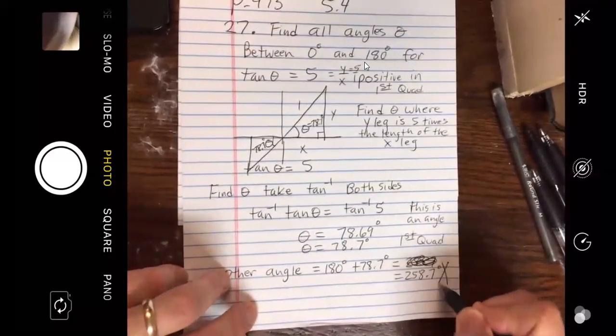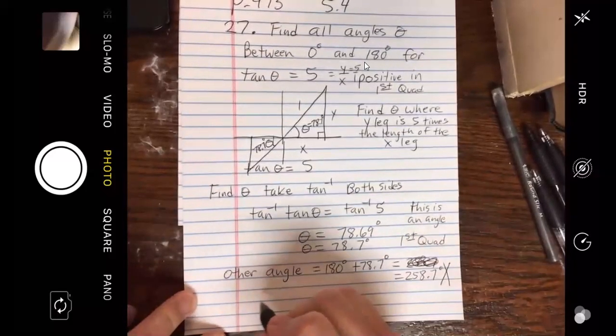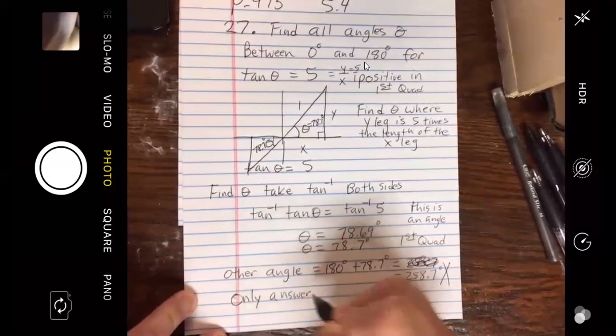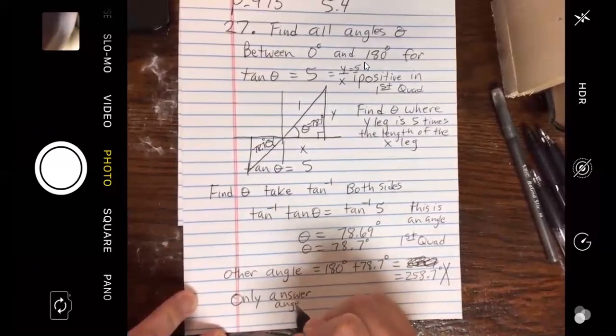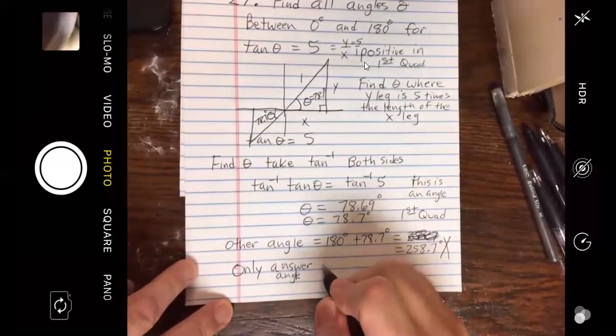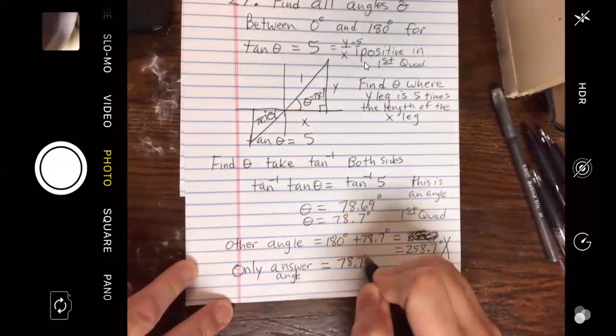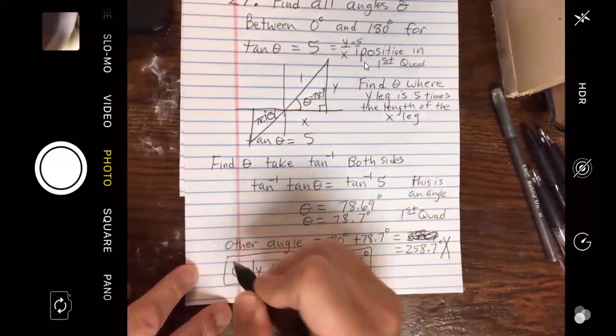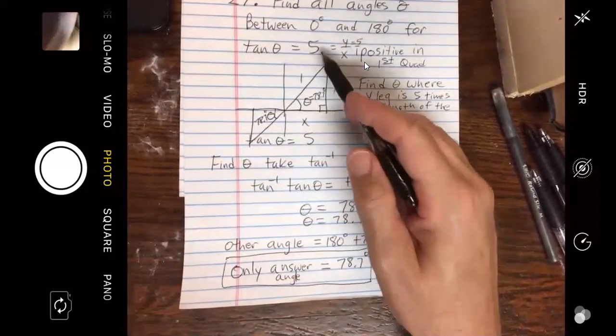But since it's worded 0 to 180, the only answer or angle between 0 and 180 is your 78.7 degrees. At 78.7 degrees, your y leg is 5 times your x leg.